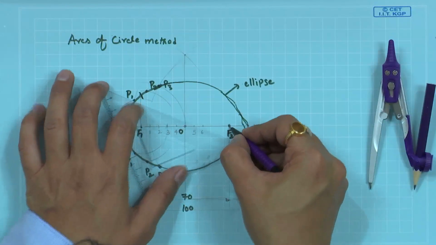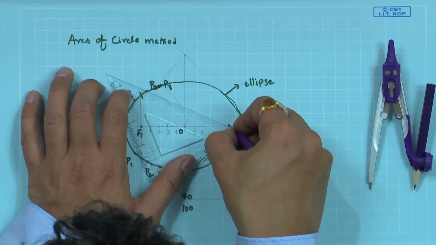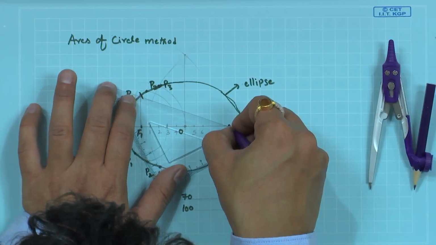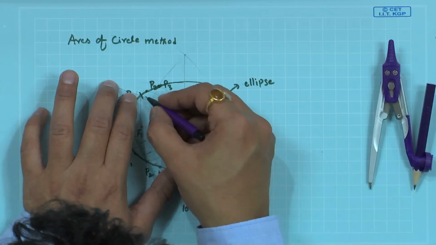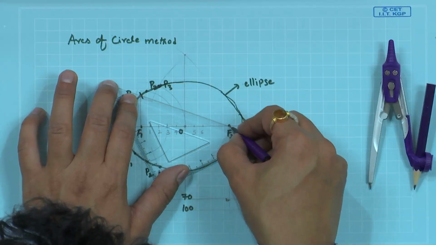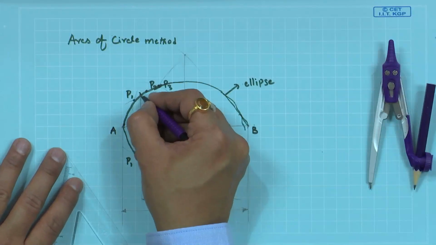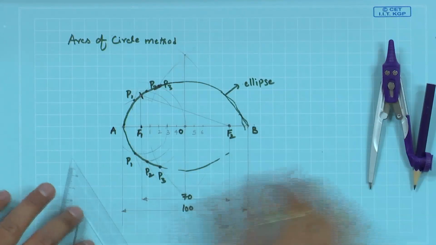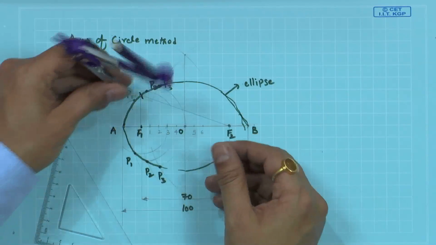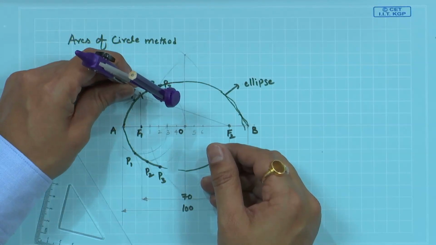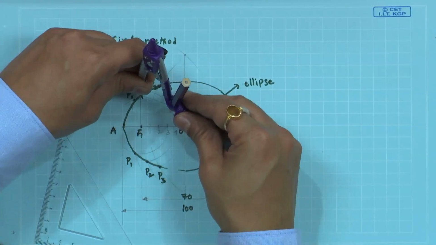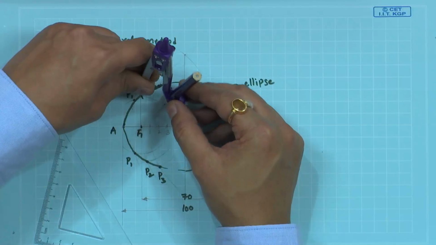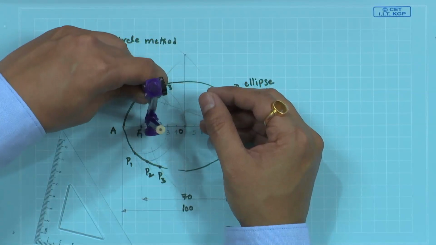Similarly, join this F2 with that particular point. Now, this is the point we are identifying. Now, use angle bisector division for that purpose. What we have to do is pick an arbitrary radius.